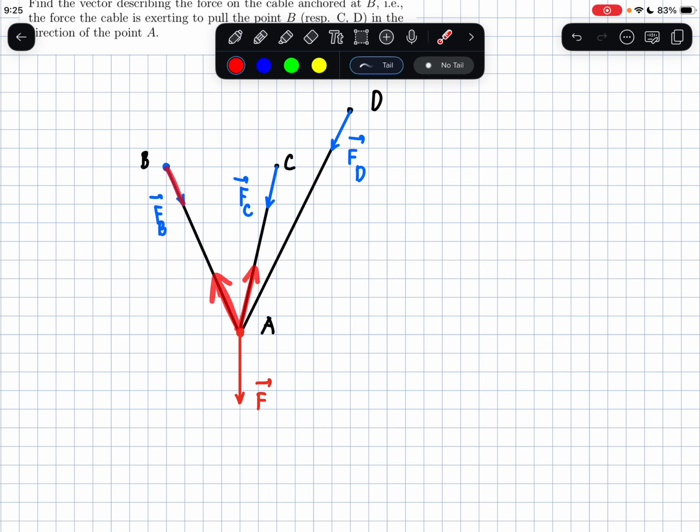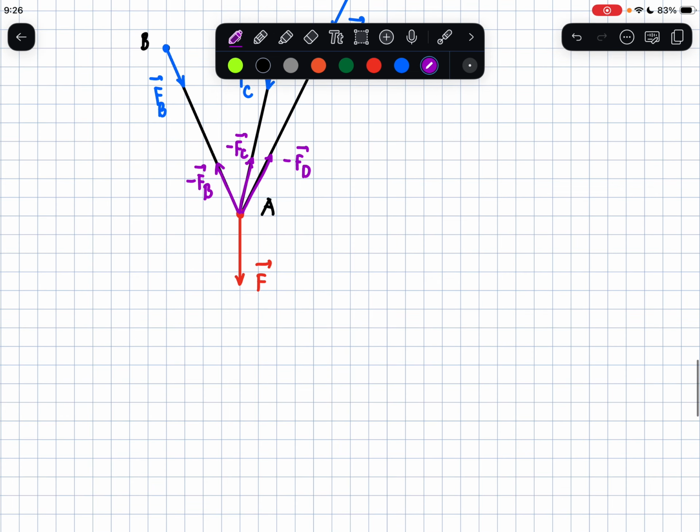It's just the same length but opposite direction. Minus FB, minus FC here, and minus FD here. The point A is balanced, so we have the sum minus FB minus FC minus FD plus F equal to 0.